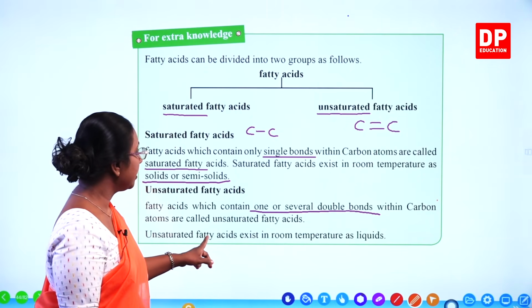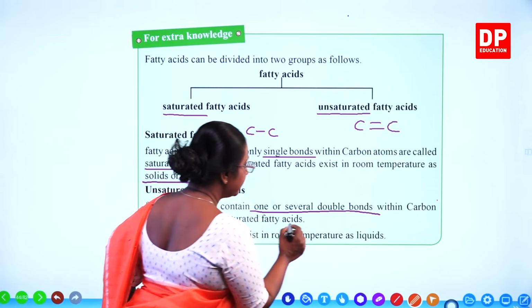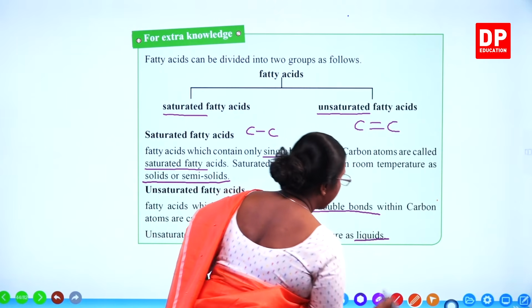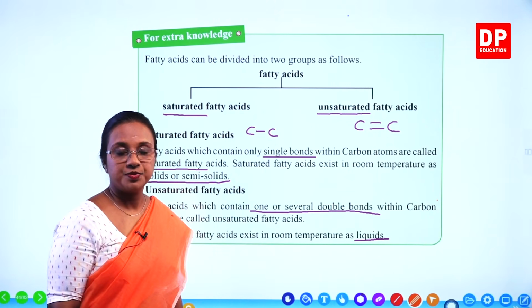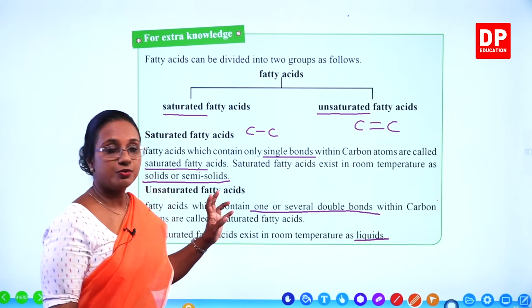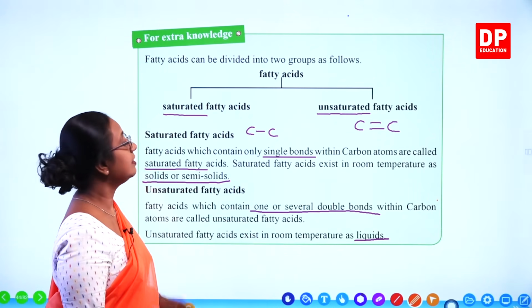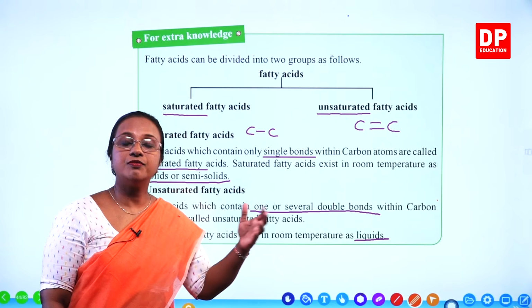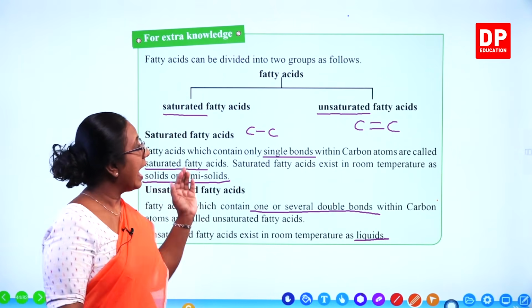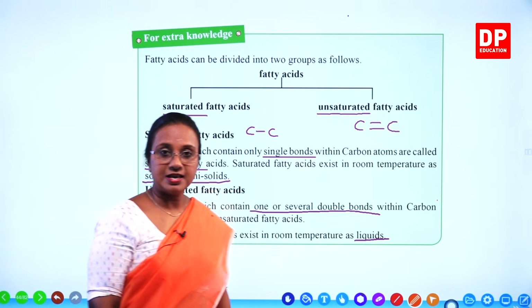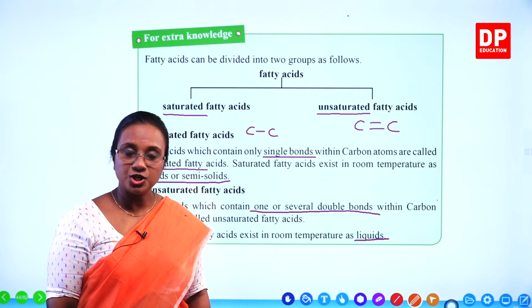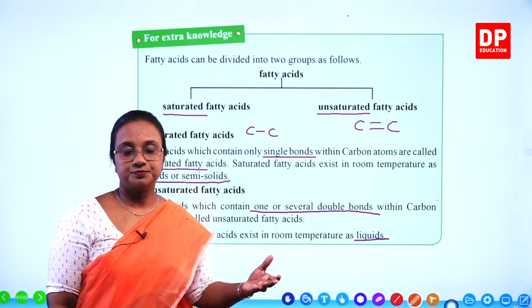And unsaturated fatty acids exist at room temperature as liquids. So from this you can understand that usually saturated fatty acids lead to the formation of fats and unsaturated fatty acids lead to the formation of oils.